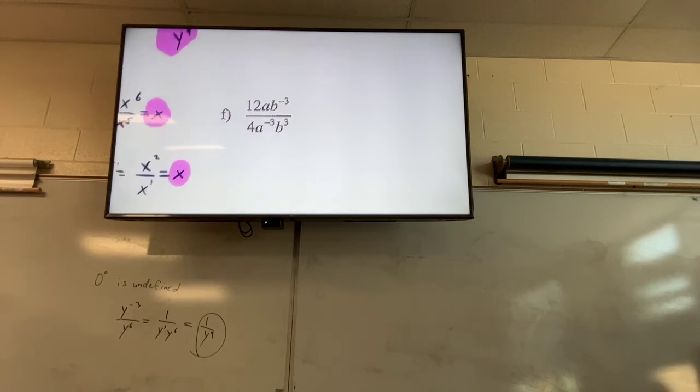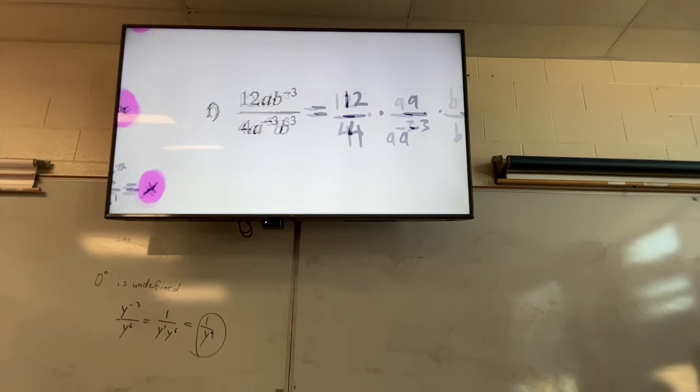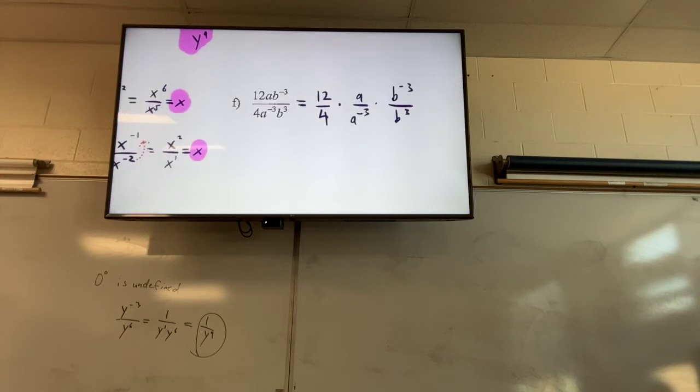F. All right, so I encourage you to rewrite this as 12 over 4 times a over a to the negative 3 times b to the negative 3 over b cubed. That gives us 3 smaller, simpler problems from our one big problem, right? All right, 12 over 4 is 3. Write that 3 here.